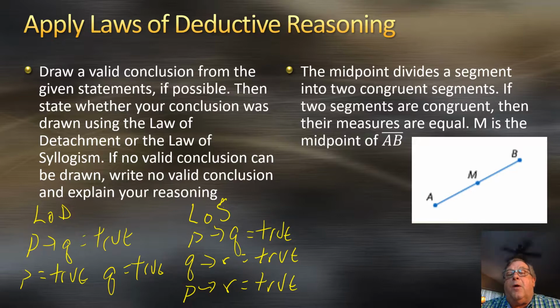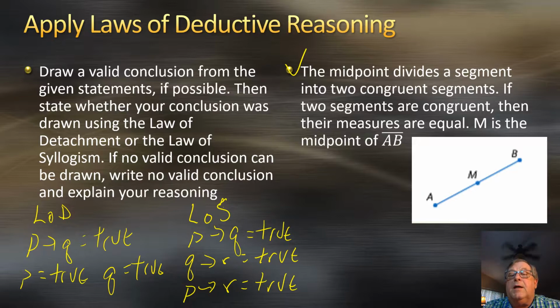So let's look at our problem here. We've got a line segment that we can see. We've got two endpoints, and it looks like we have a midpoint. In fact, we're told that the midpoint divides the segment into two congruent segments. It would help to put that first statement in if-then, conditional form.